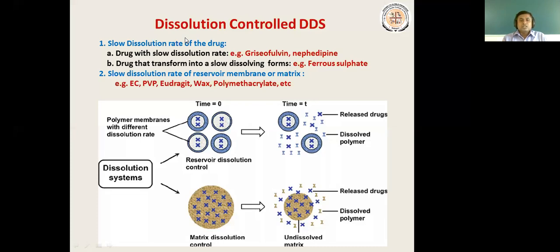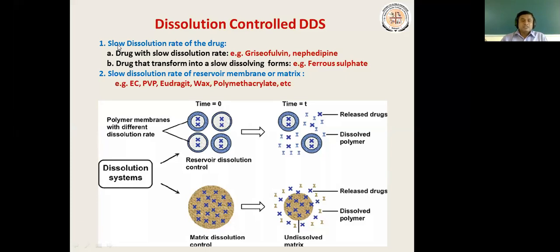These dissolution controlled drug delivery systems are further classified, and the first one is the drug which has a slow dissolution rate. There are certain drugs which have an inherently slow dissolution rate. There is no need to convert such a drug into a controlled release formulation, because it naturally has a slow dissolution rate and gives a longer effect.